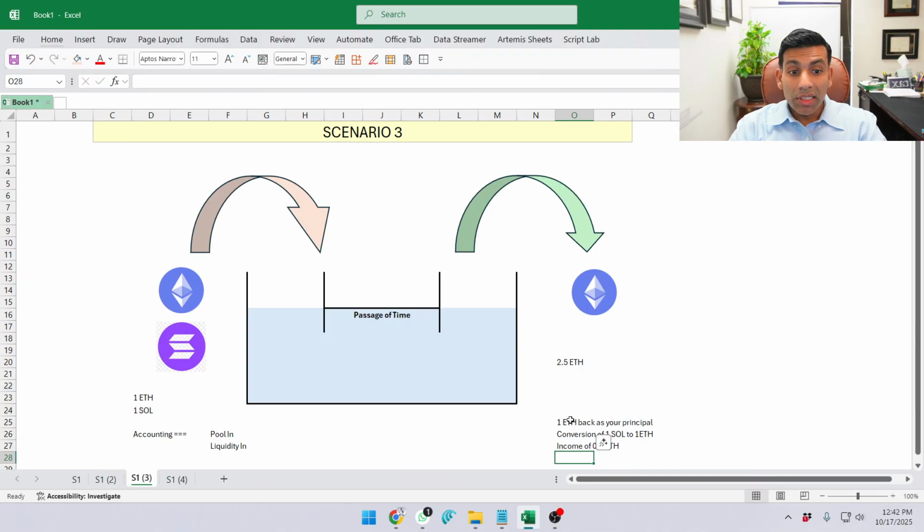So literally there's some manual work that needs to be done. And in most cases, most liquidity pools that are giving you higher rewards are doing this, where you're putting a pair in and you're getting something completely different back.